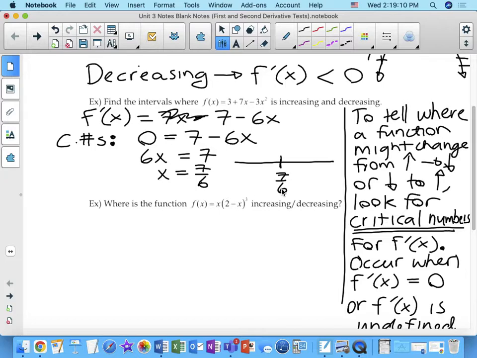Let's take any test point. Let's say x is 0. If x is 0, for example, f prime of x would be 7, which is what? Positive or negative? Positive. So everything here is positive.